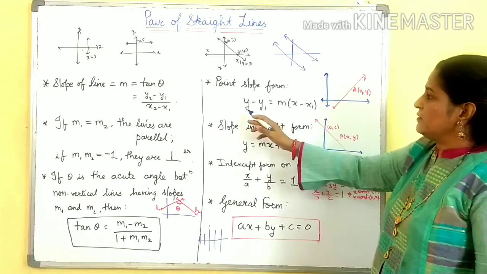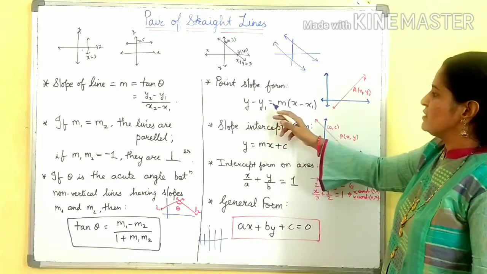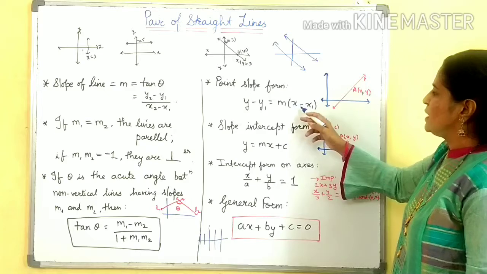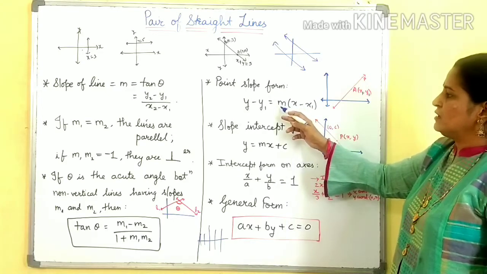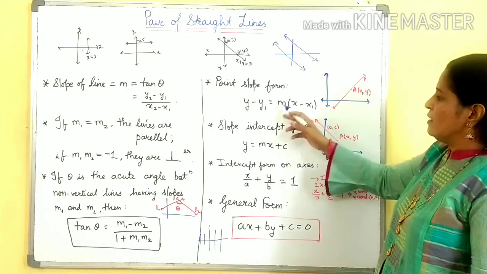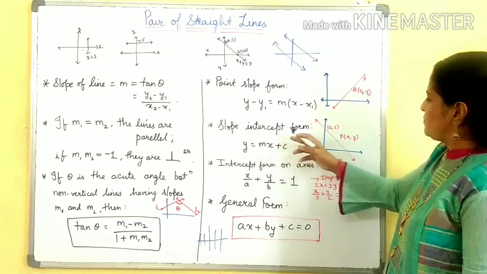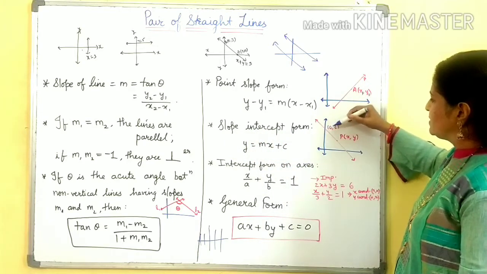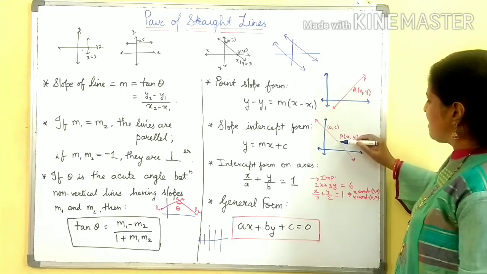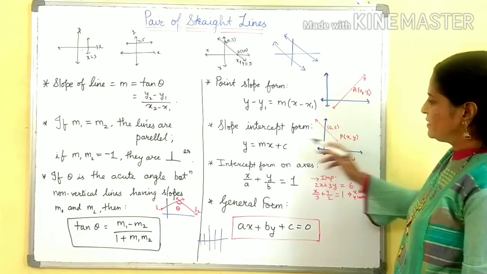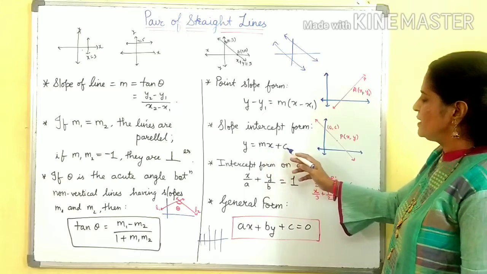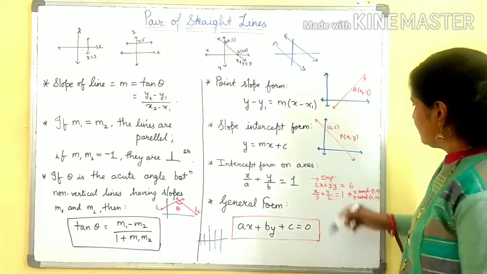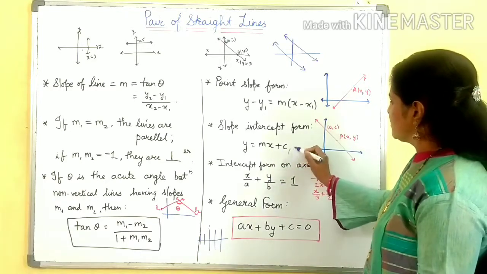Then we get the formula y minus y1 is equal to m into x minus x1, where m is your slope. Next, slope intercept form. If the line passes through the y axis at c and has a point P as (x, y), then y is equal to mx plus c.